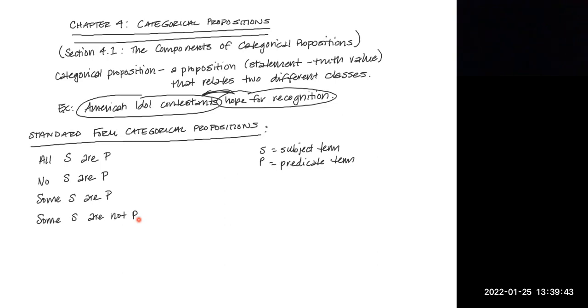So let's diagram an example of this just so that we can see. The words all, no, and some in standard form categorical propositions are called quantifiers. Why? Because they specify how much of the subject class, S, is included in or excluded from the predicate class. So this all is the quantifier. It tells us how much.